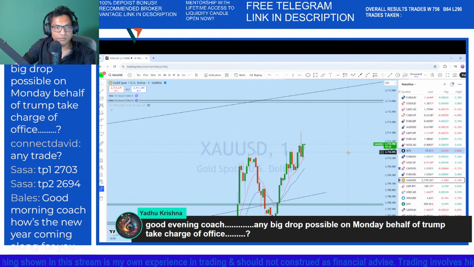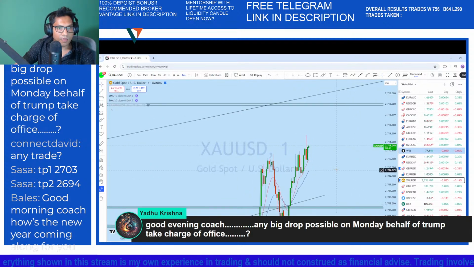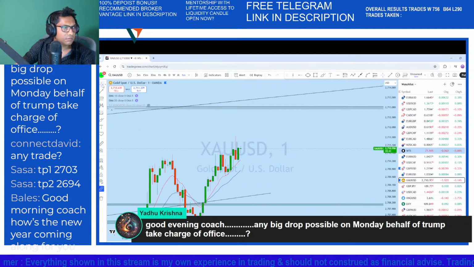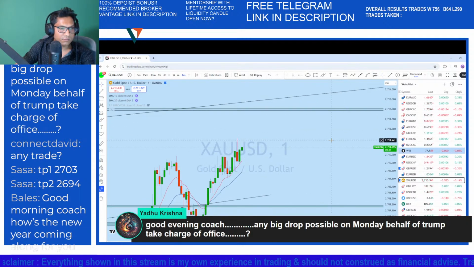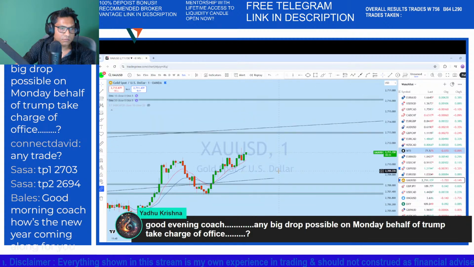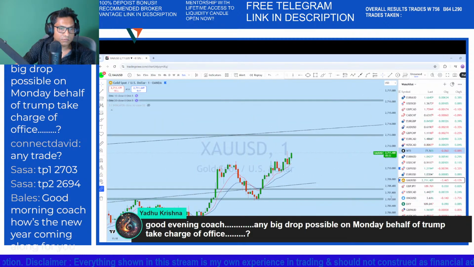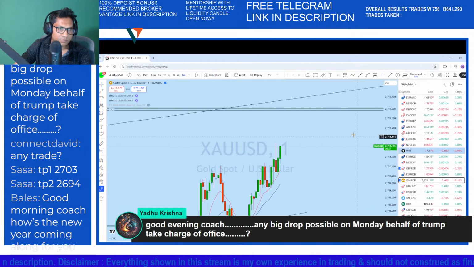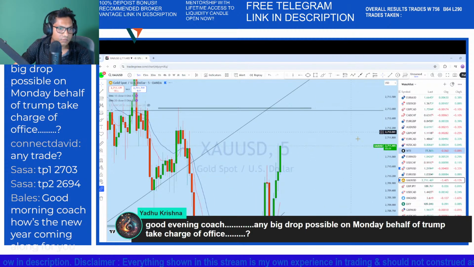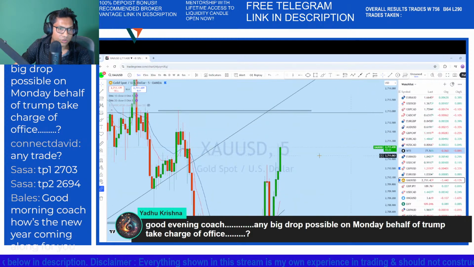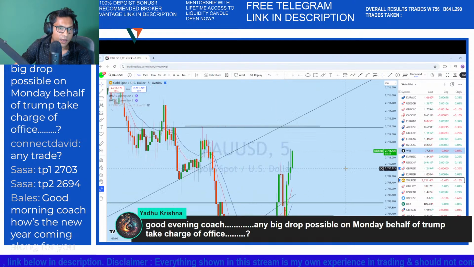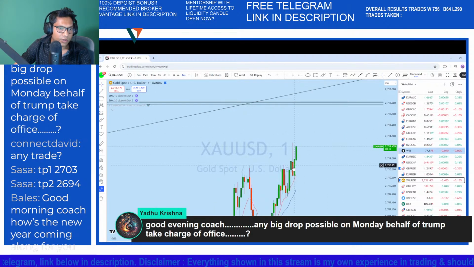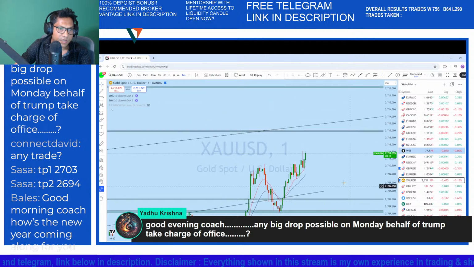See some bias here, and with that bias, with a long wick candle, want to see a move up, and okay, so a bullish market here.